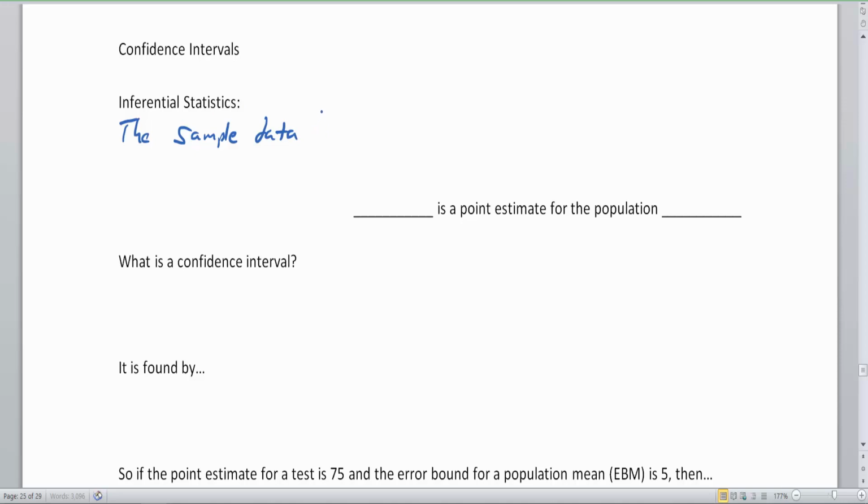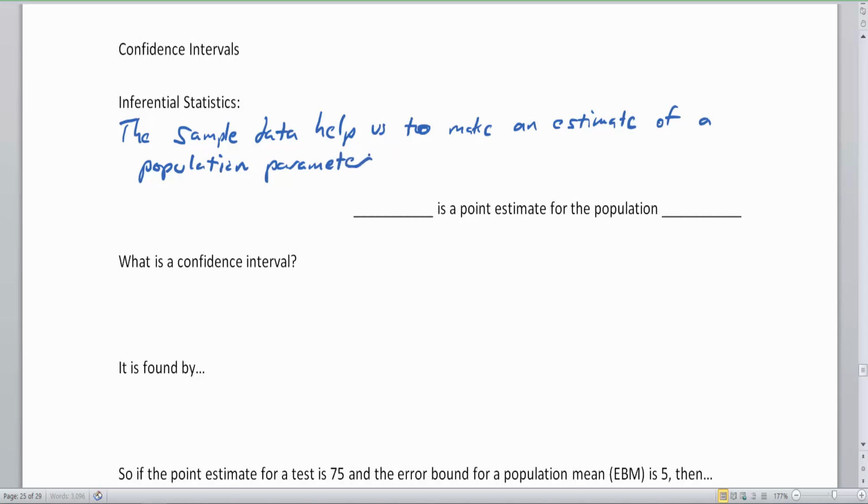The sample data will help us to make an estimate of a population parameter. And the population parameter we're going to be focusing on is the average of the population.